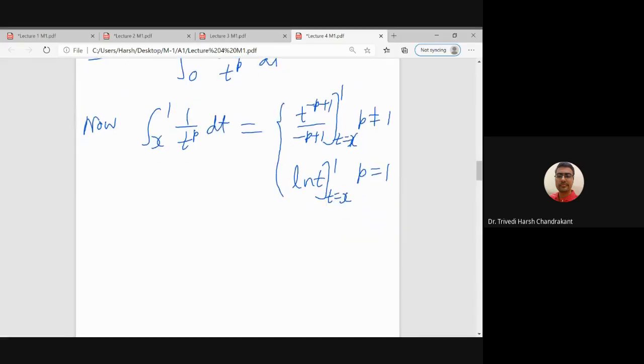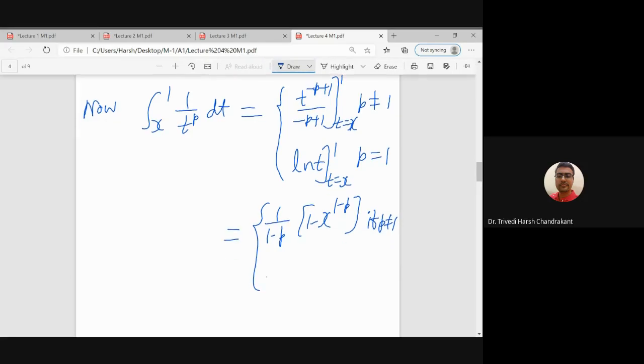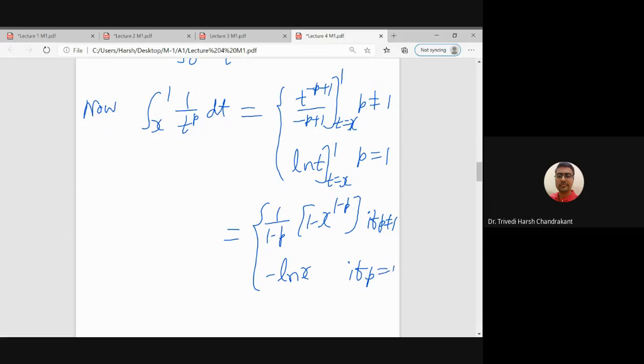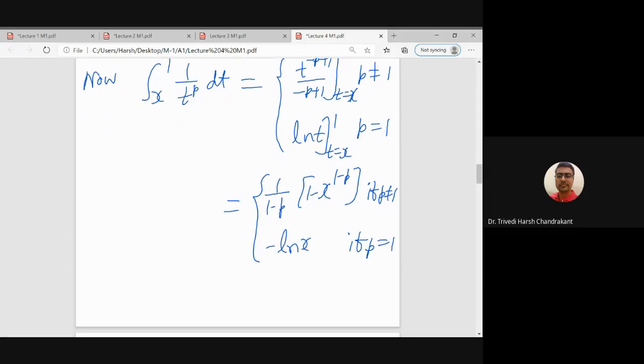So in both the cases, we get 1 upon 1 minus p times (1 minus x power 1 minus p) if p is not 1, and it is minus log x if p is 1. Now we will take the limit.